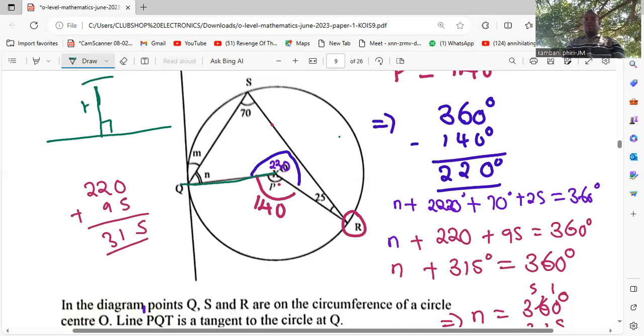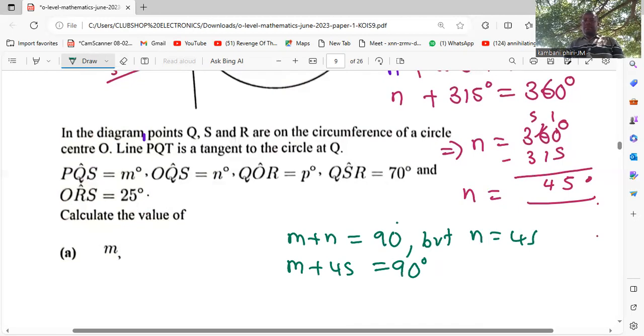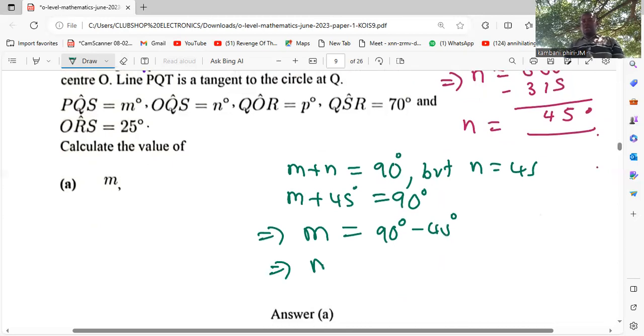All right, if this is your circle, we draw this line here, we have 90 degrees here and 90 degrees there, meaning that M plus N is equal to 90 degrees, but N is 45 degrees. So M plus 45 degrees is equal to 90 degrees, implying therefore that M is equal to 90 degrees minus 45 degrees, giving us M to be 45.